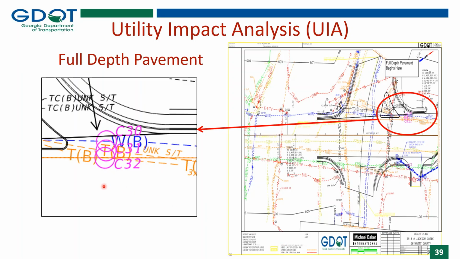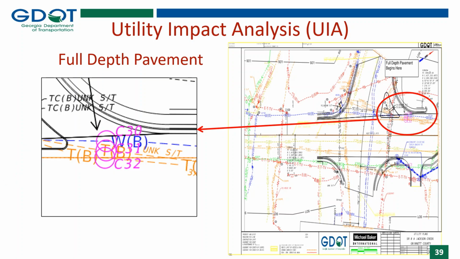And as you see, this is a little bit different scenario than the other one, because even though these three utilities, the conflict starts at the same location, however, because they don't end at the same location, we had to use different conflict numbers for each of these. So the water line, there's the unknown size type telecom, and then there's a 3x3 duct bank.